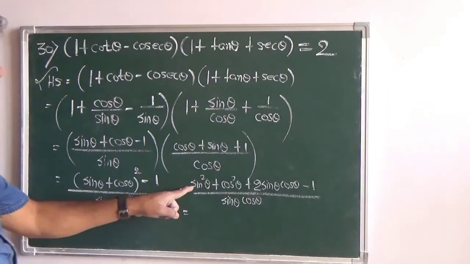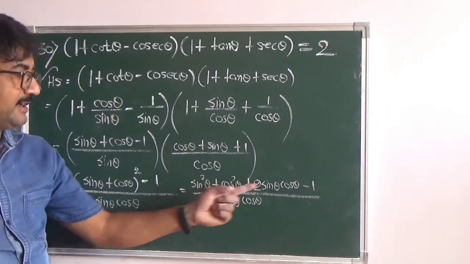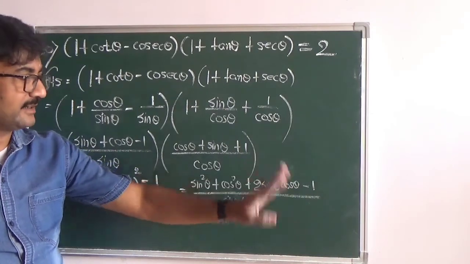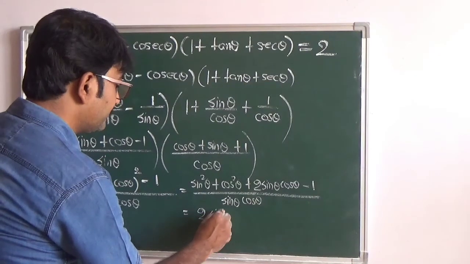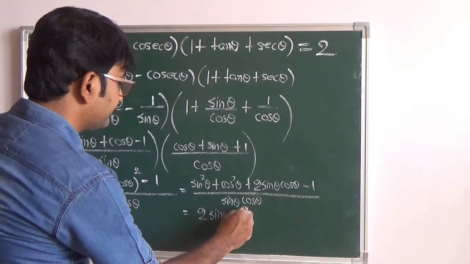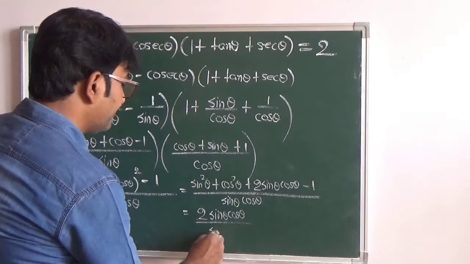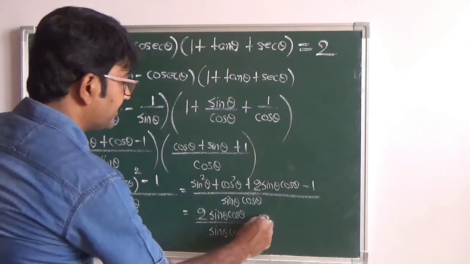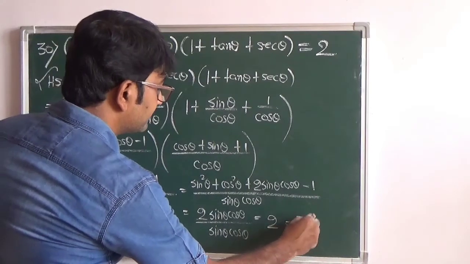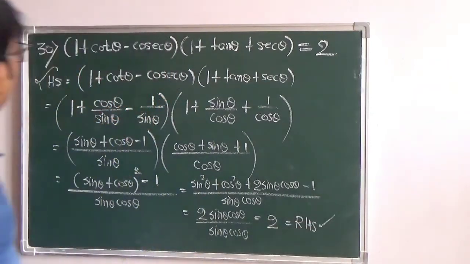Sin square theta plus cos square theta is 1, and 1 minus 1 cancel out. We are left with 2 sin theta cos theta divided by sin theta cos theta. These two are eliminated, and finally we have the right hand side, that is 2.